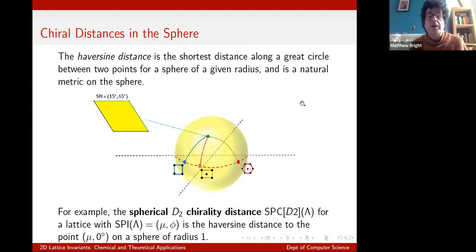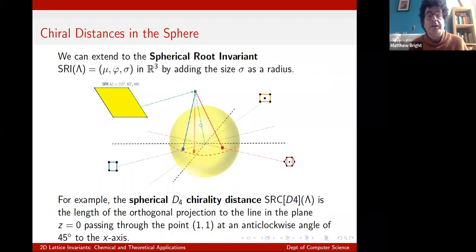And then measuring distances becomes a matter of distances on the sphere, and there are plenty of those. We can use the Haversine distance, for example, which is well known to navigators, the shortest great circle distance to any other point on the sphere, and use that to determine this hierarchy distance for this particular map.